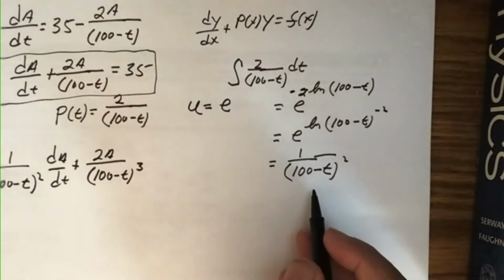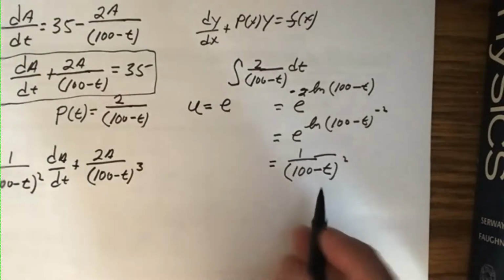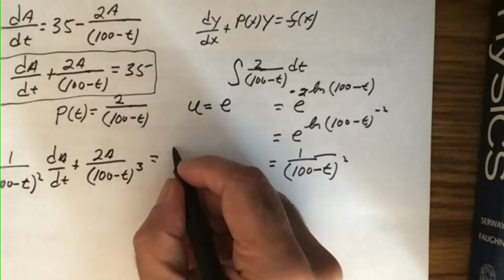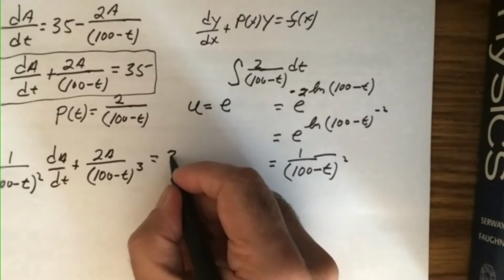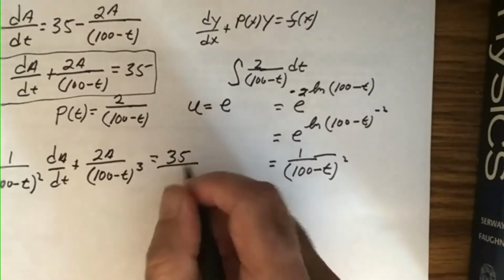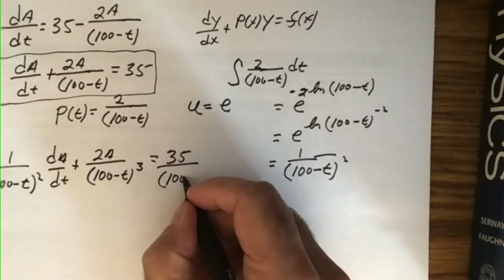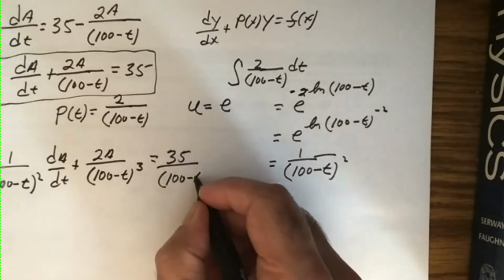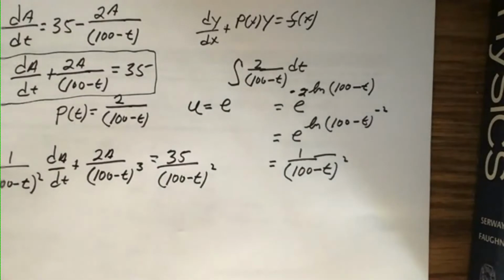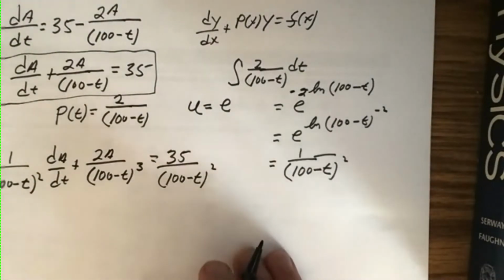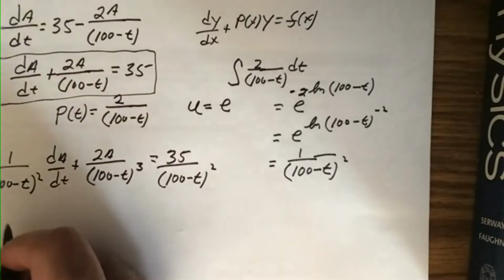That's cubed, right? And then this is 35. Okay, all right. So now I'm going to integrate both sides.